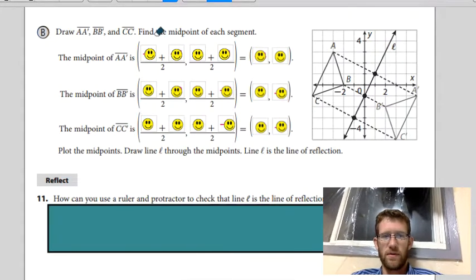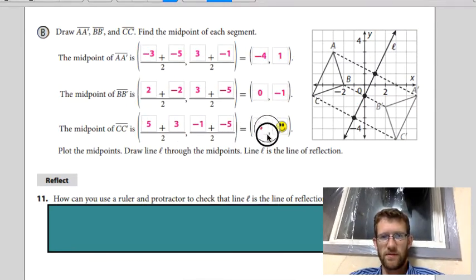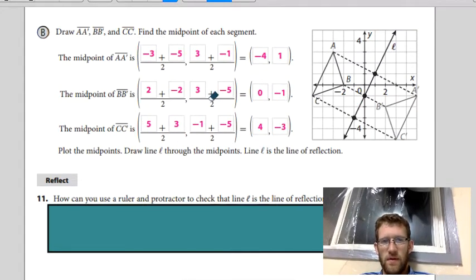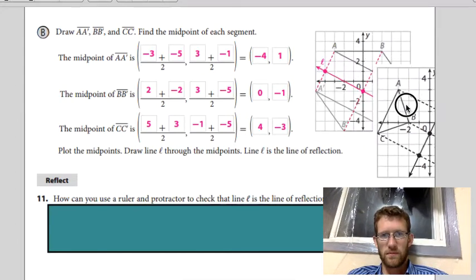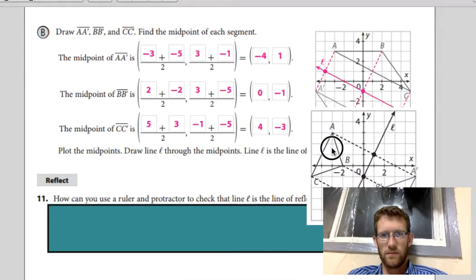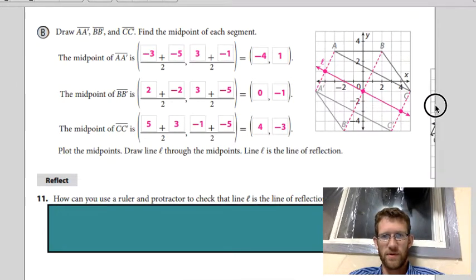Here's a good example. We have A, B, and C, and A prime, B prime, and C prime. We can calculate the midpoints for all those. I'll just give them to you here. Sorry, those were the wrong numbers, weren't they? So here's our line of reflection.